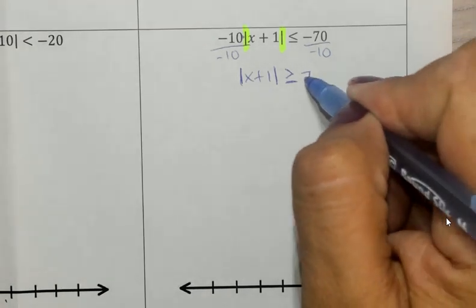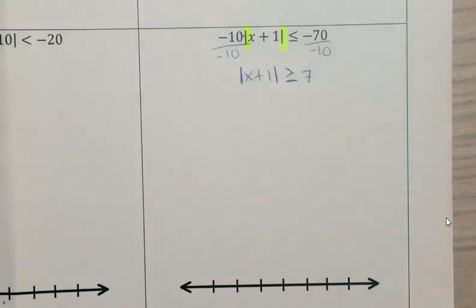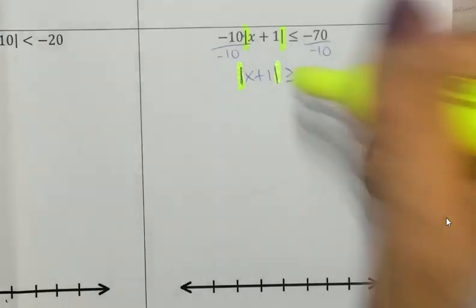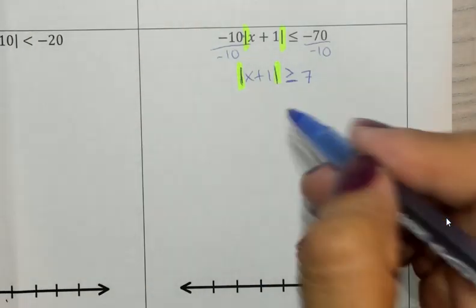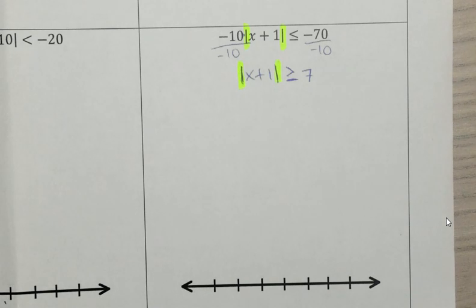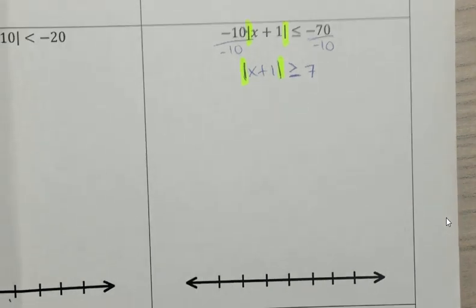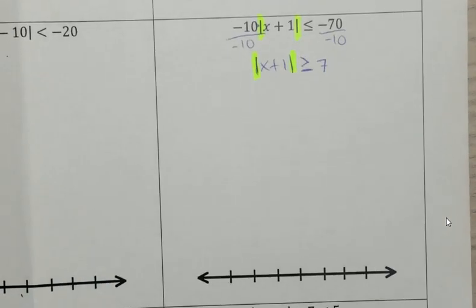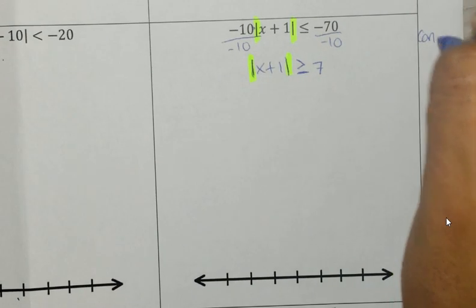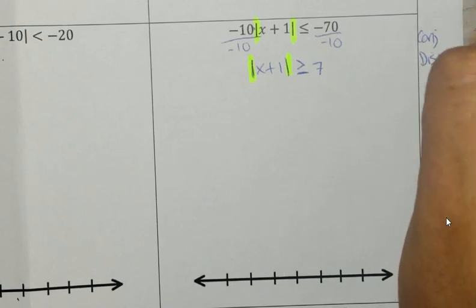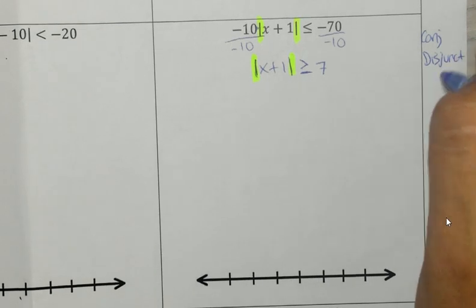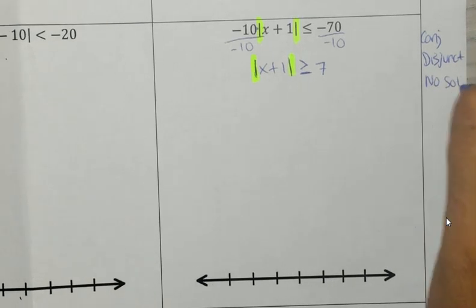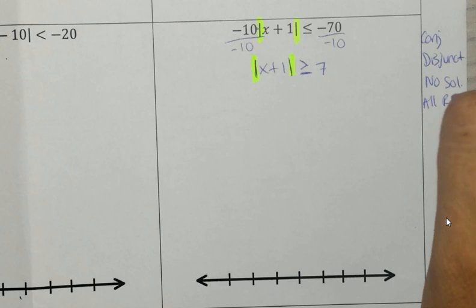So now that the absolute value is isolated, we will rewrite this if needed, or just say no solution or all real numbers. Again, the options are conjunction, disjunction, no solution, or all real numbers.